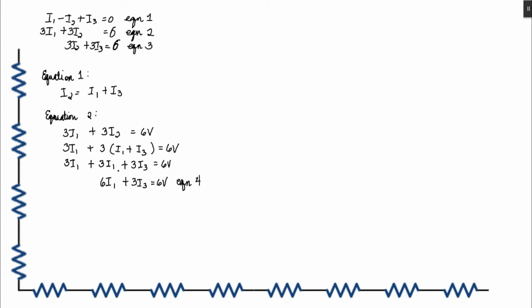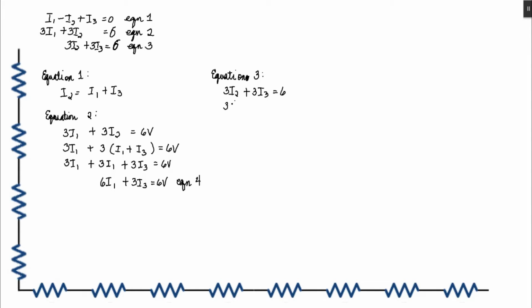Okay, so sa equation number 3 na naman po, 3 I sub 2 plus 3 I sub 3 equals 6. Pwede po natin isa-substitute yung ginagawa po nating expression sa equation number 1 para sa ating I sub 2 sa equation number 3. Ano po yung mangyayari dyan?